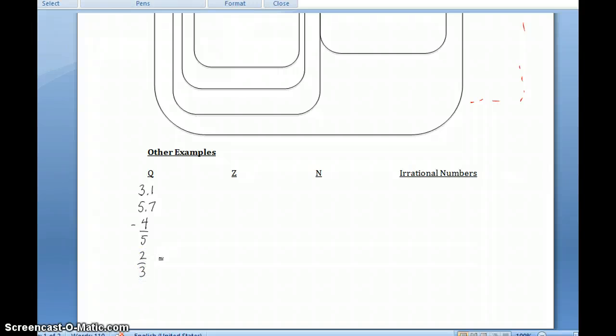If you were to plug 4 divided by 5 into your calculator, you would end up with 0.8, so it'd be negative 0.8, which is a terminating decimal. 2/3, if you went 2 divided by 3, you'd get 0.33333, and that would be a repeating decimal. And terminating and repeating decimals are also rational numbers.